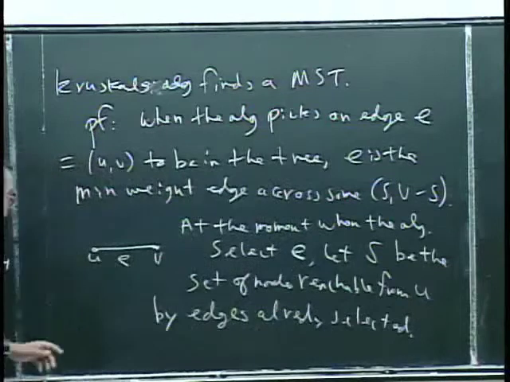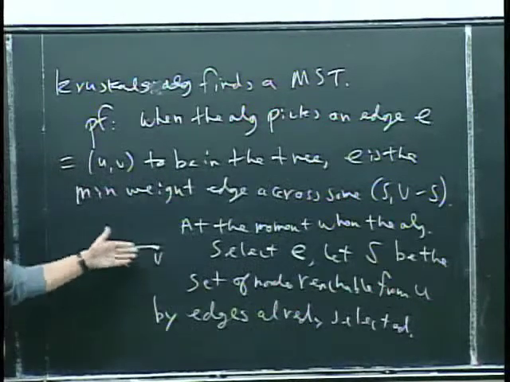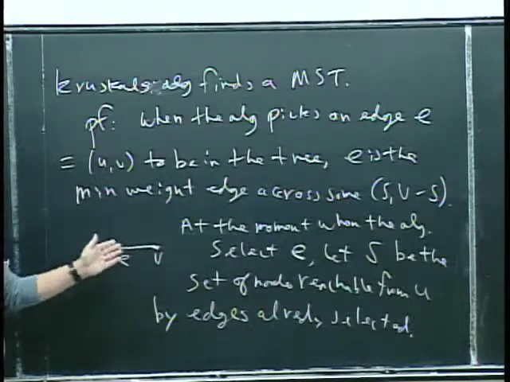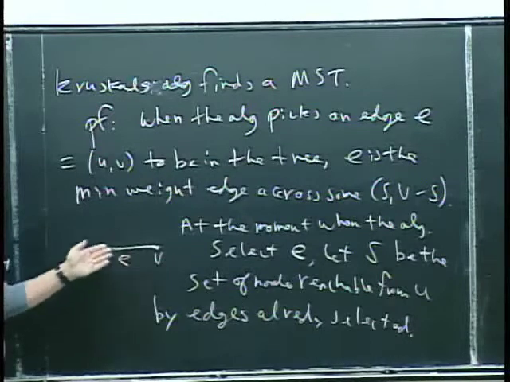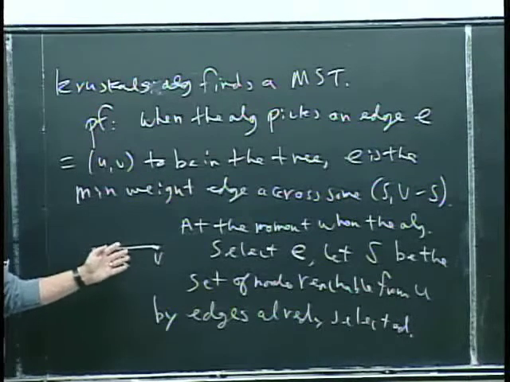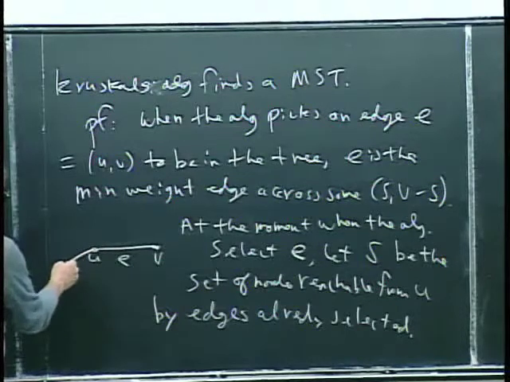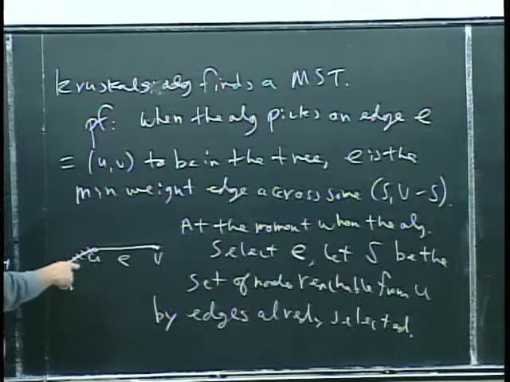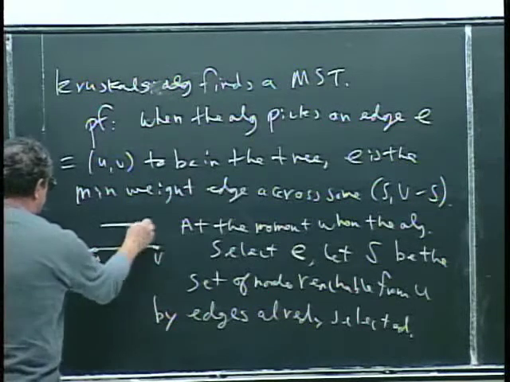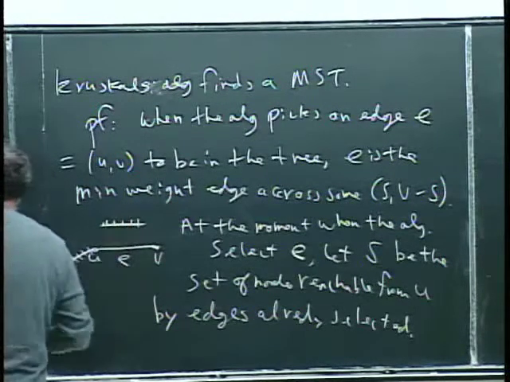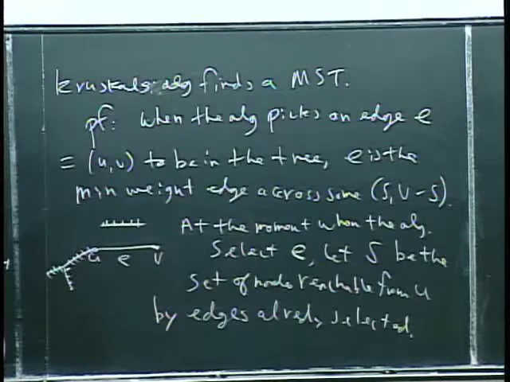So what that means is, here we're about to put E in. The algorithm is going to take E. It's going to select it. And there are additional edges that have already been taken. Some of them can be reached from U, and some of them cannot. And we saw that before.